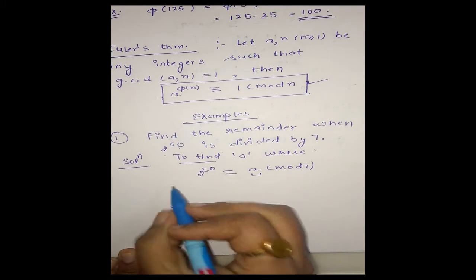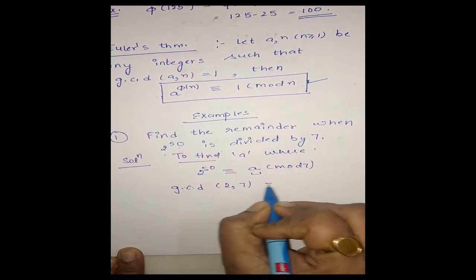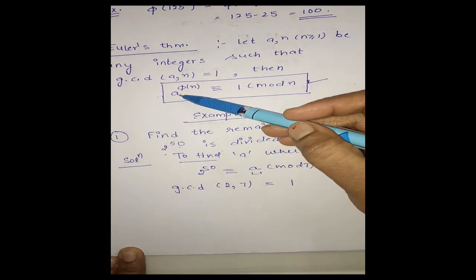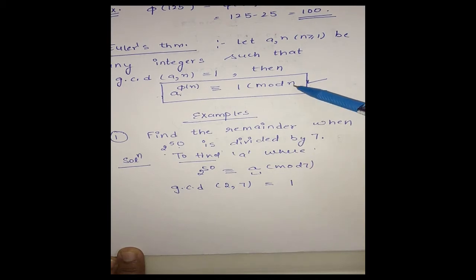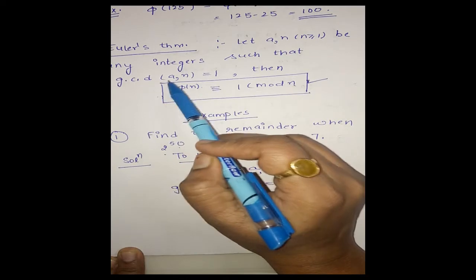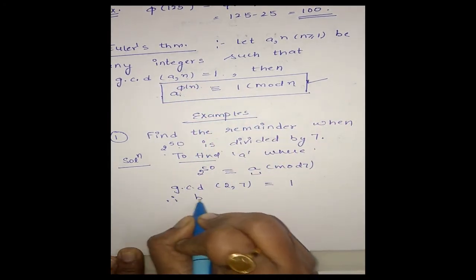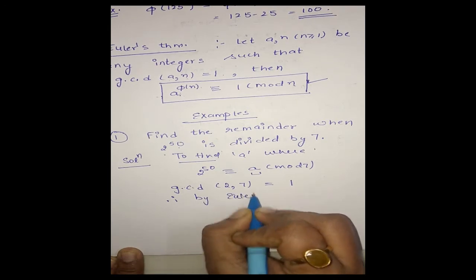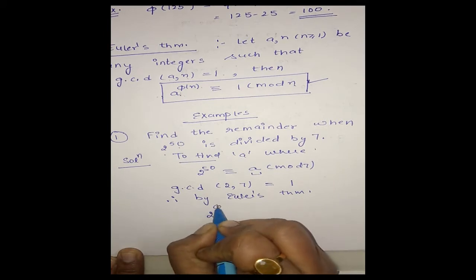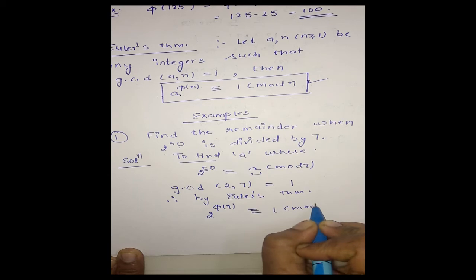Okay, now since GCD of 2 and 7 is 1, they are relatively prime. Here a is 2, and this n is 7. That means we have GCD of a and n is 1. Okay, therefore by Euler's theorem we have 2 to the power phi of 7 is congruent to 1 modulo 7.